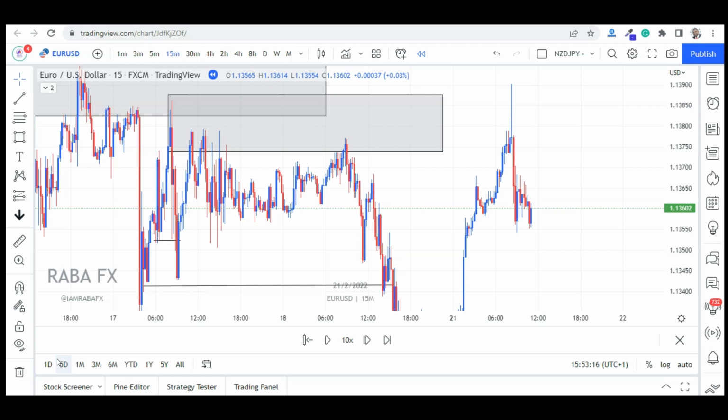It now depends if you are a scalper, an intraday or a swing trader. It doesn't matter. What you need to do is divide those time frames into 3, and then you look for ways to get into the market.